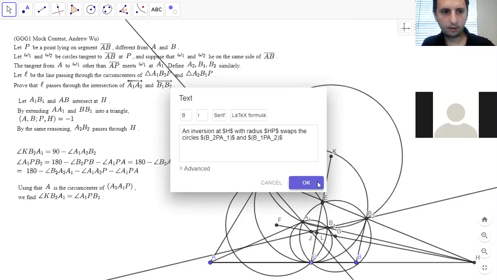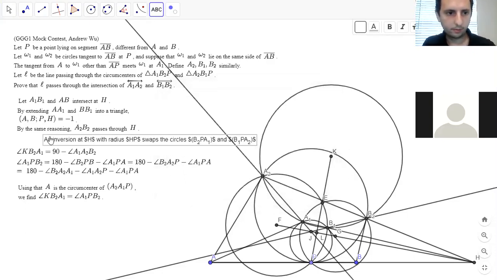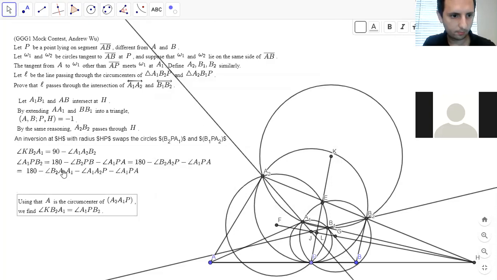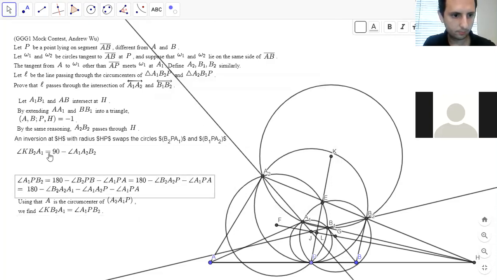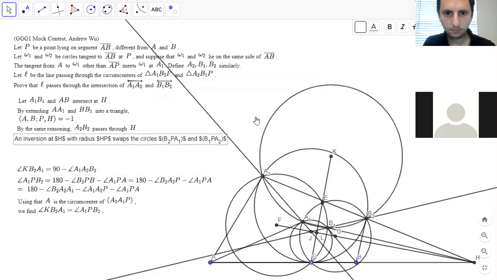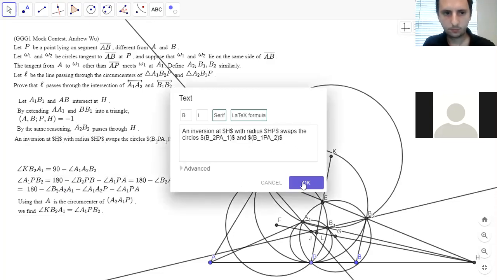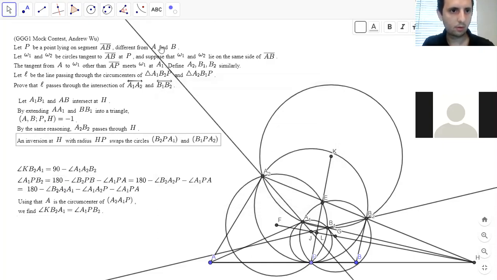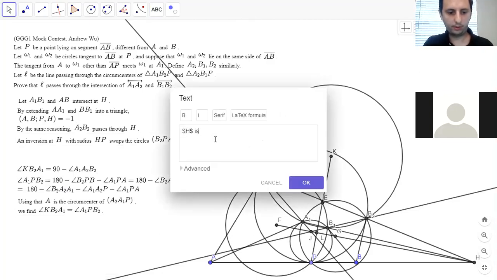So that means that H, F, and G are collinear. Let me just do this super fast. So I'll just say H is collinear with the centers F and G.